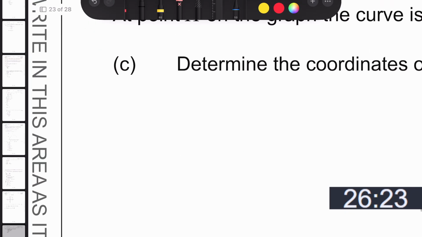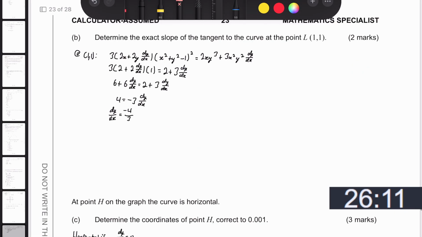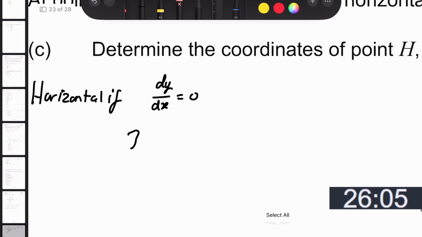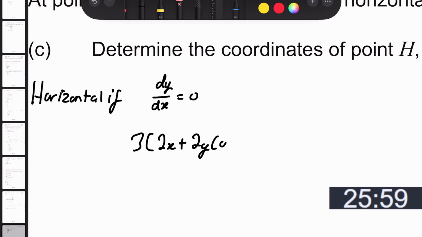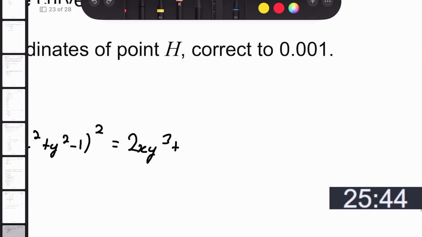So in horizontal, if dy/dx equals 0, then I'm going to have 3 on (2x plus 2y times 0) on (x squared plus y squared minus 1) squared. It's going to equal 2xy cubed plus 3x squared y squared times 0.